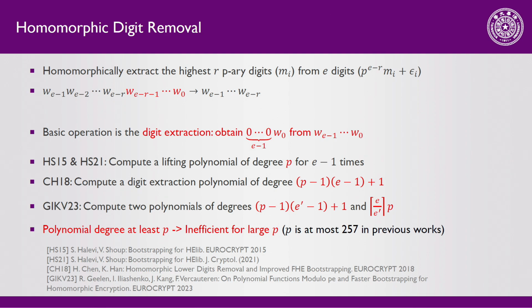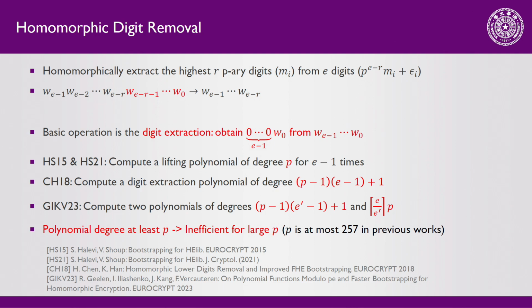And in CH18, they replace it with a single lifting polynomial of degree (p minus 1) times (e minus 1) plus 1. And in GIKV23, they decompose the polynomial from CH18 into two or more sub-polynomials with much lower degree, but at the cost of more level consumption.